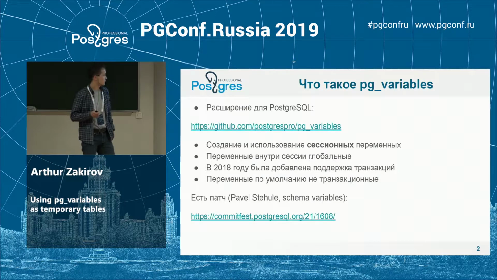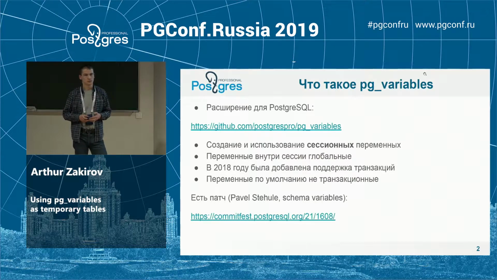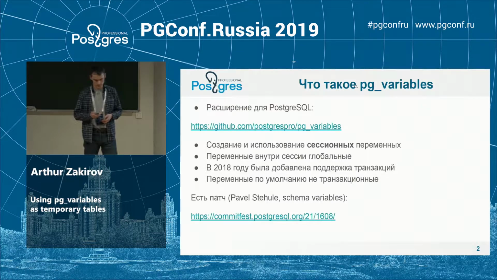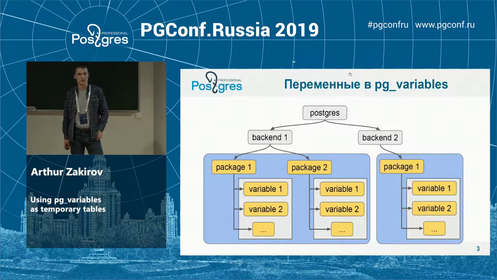The main difference is that at creation of variables you add information to the system catalog, firstly, and secondly you may grant rights to access, read, and change the variables. That means you can use it in different cases, but I will not touch upon this topic today.